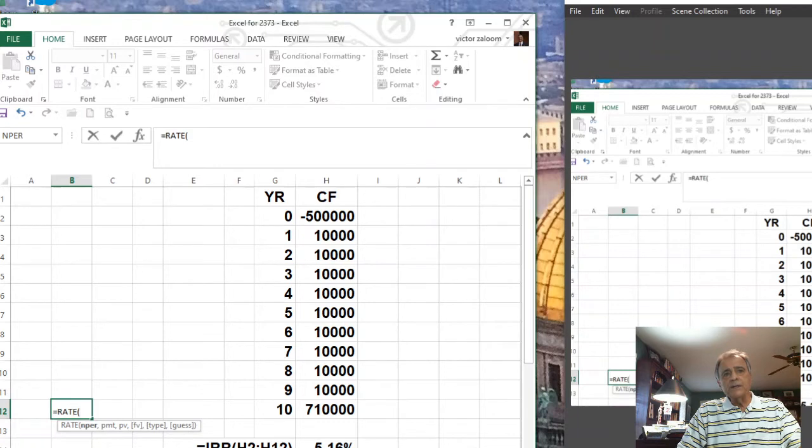I put in the present value minus 500,000, and I put in the future value, which is plus 700,000. And you can guess a rate here. I guessed 5% because I knew it's close. It actually returned me 5.25%, and I'm not sure why it did that. We'd have to look at that again sometime, but either one of these is close enough for the work we're doing.